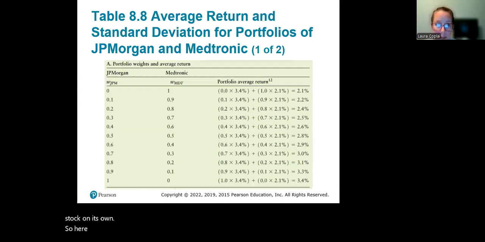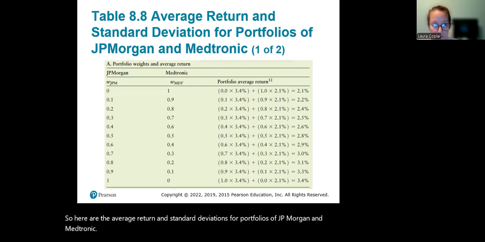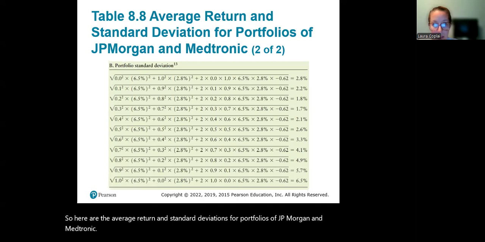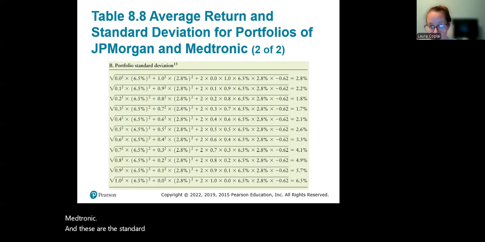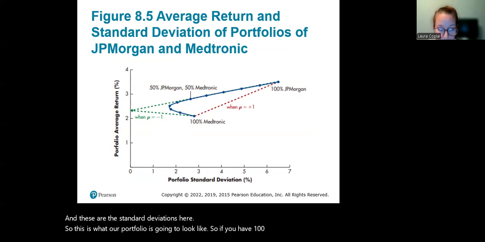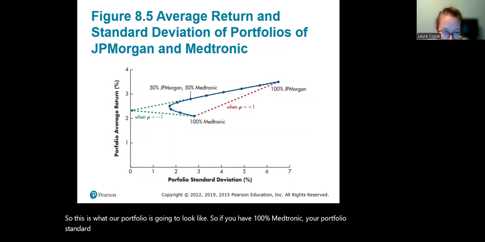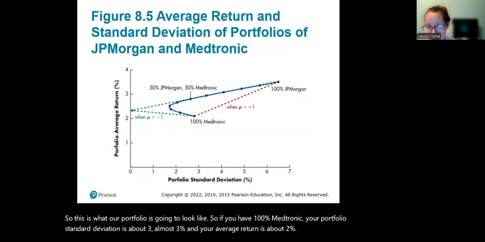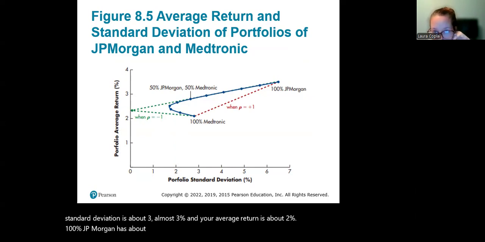So here are the average return and standard deviations for portfolios of JP Morgan and Medtronic. And these are the standard deviations here. So this is what our portfolio is going to look like. If you have 100% Medtronic, your portfolio standard deviation is almost 3%, and your average return is about 2%. 100% JP Morgan has about 6% standard deviation, maybe 6.5 or so.